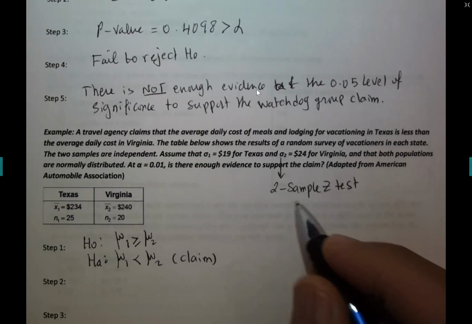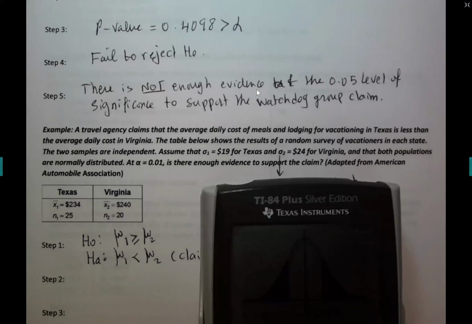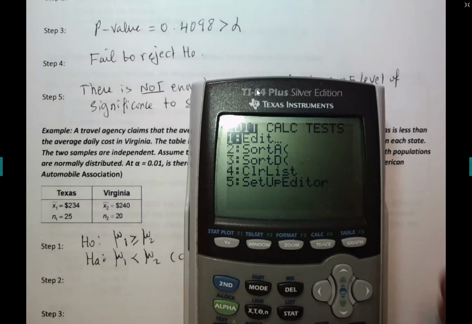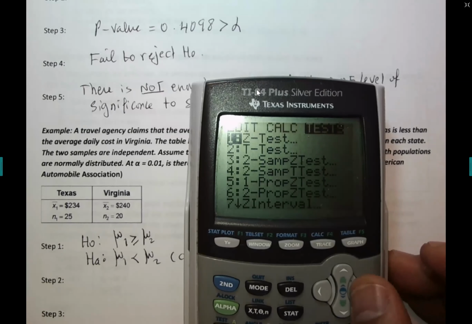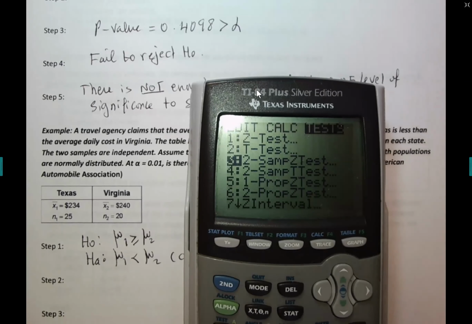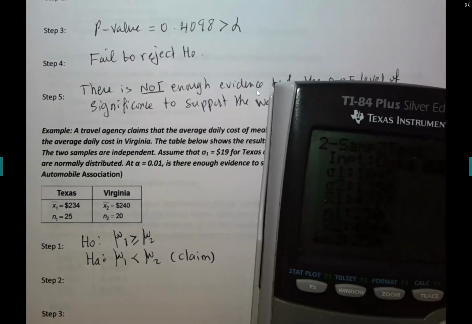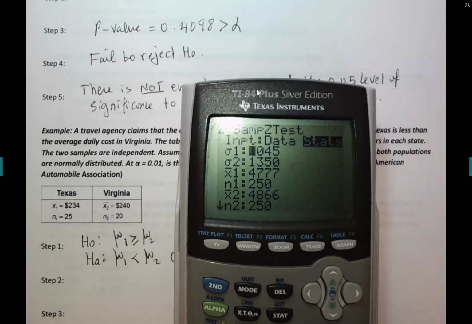Okay, let's study the claim. Go to Stat, Tests, 2-sample Z test. Okay, sigma 1 is 19 and sigma 2 is 24. X1 bar, $234. N1 is 25.